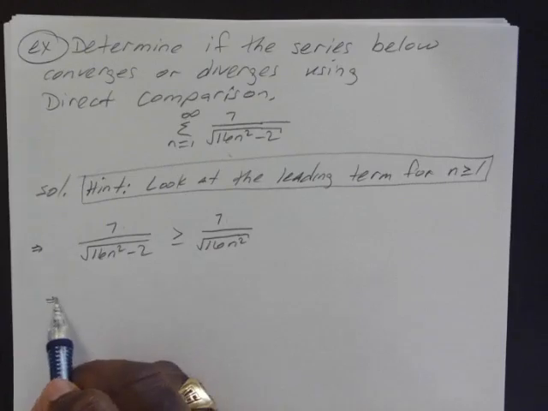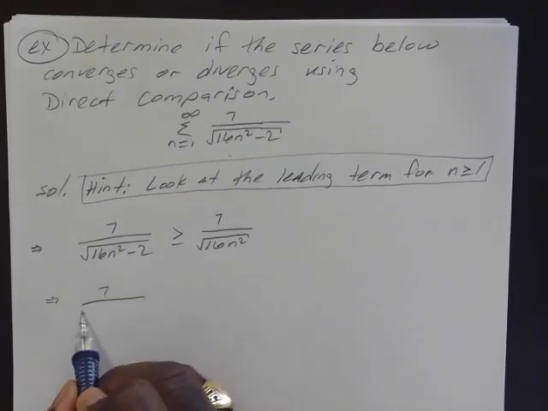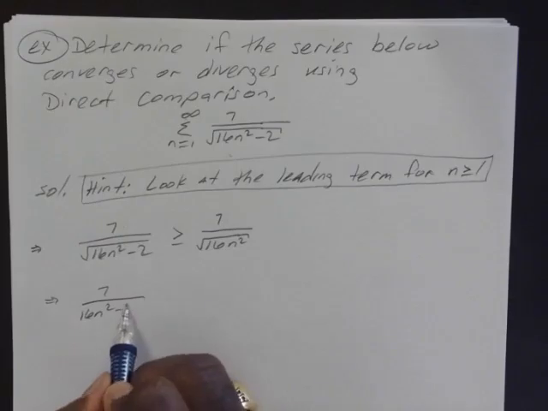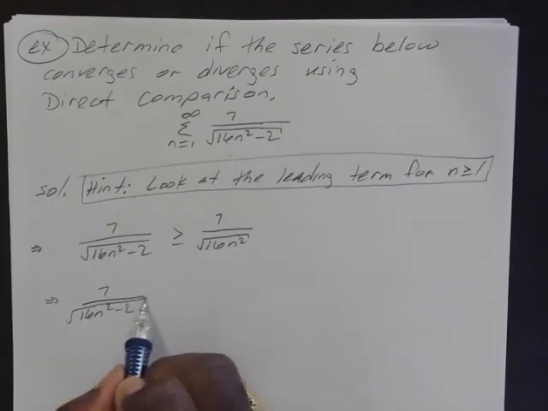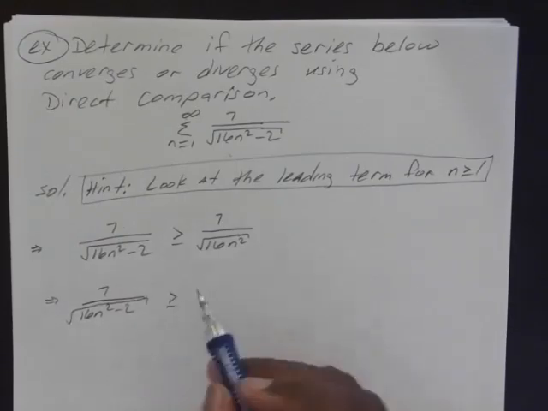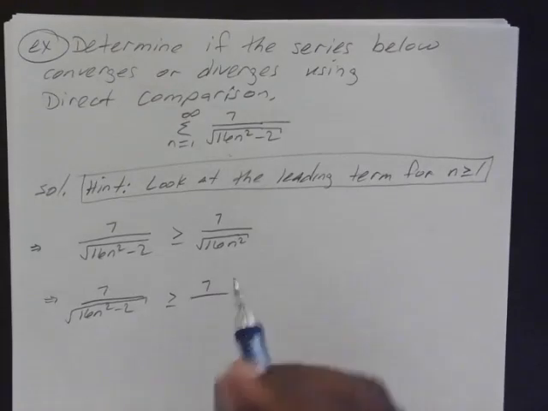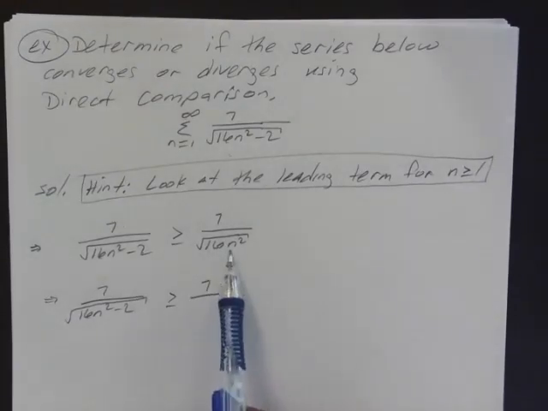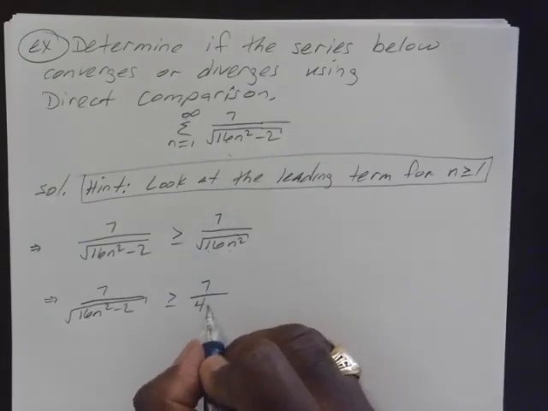So that means 7 divided by the square root of 16n squared minus 2 is greater than or equal to 7 divided by the square root of 16n squared, which is just 4n.